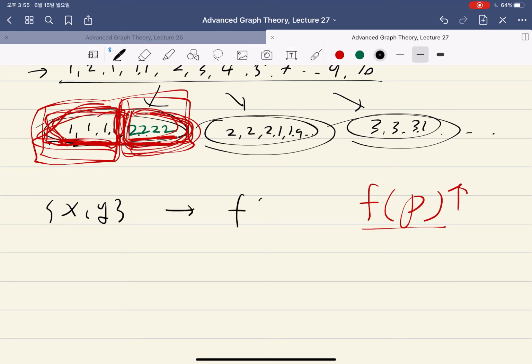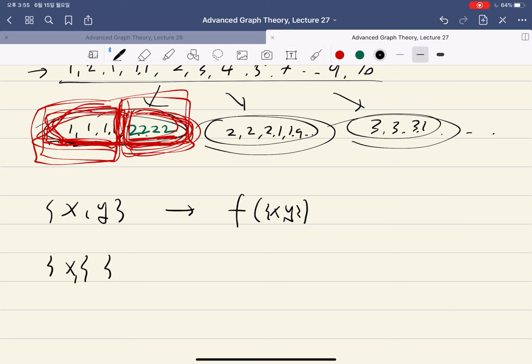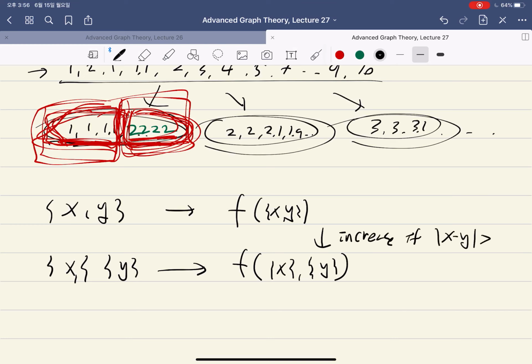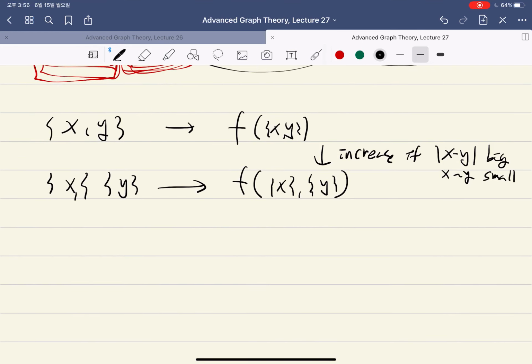In this case, you compute this function, and then you partition it into 2, and you compute this again. What happens is that this increases if x and y are far apart. But if x and y are similar, then the increase is small. So this is what we want.